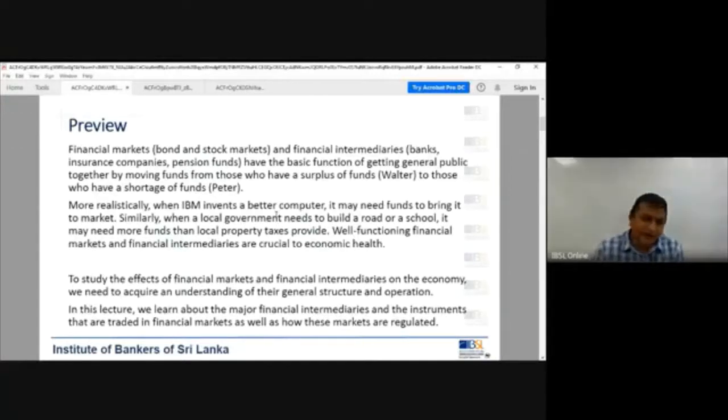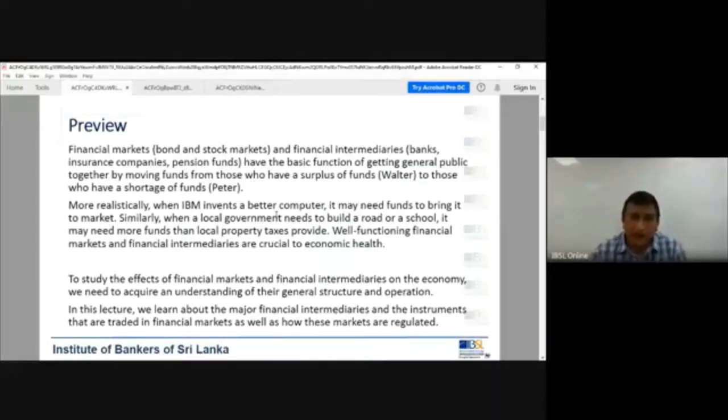And there are various ways of classifying these banks: licensed commercial banks, LCBs, licensed specialized banks, LSBs, licensed specialized savings banks, and then you see finance companies, pension funds, insurance, all kinds of different ways of financial intermediation carried out by these institutions.